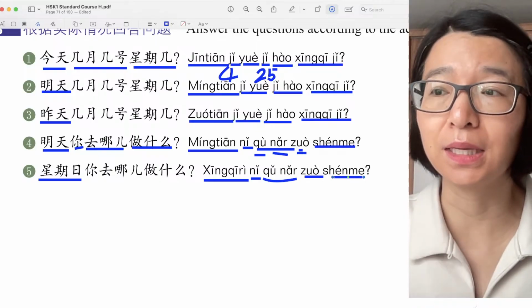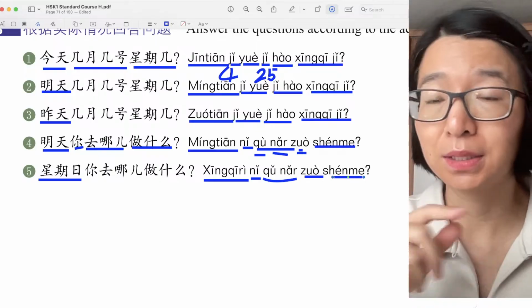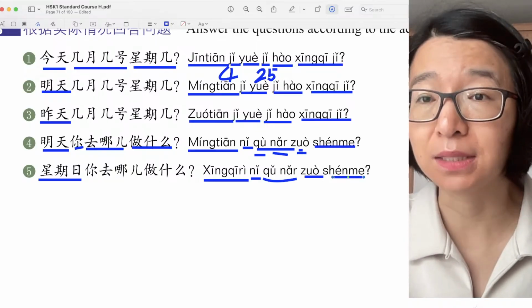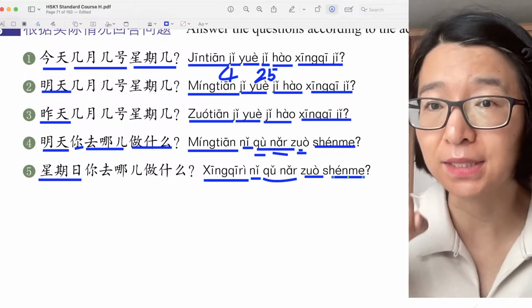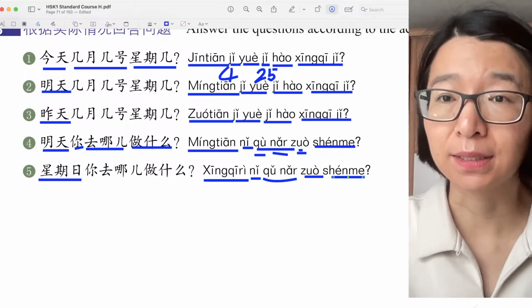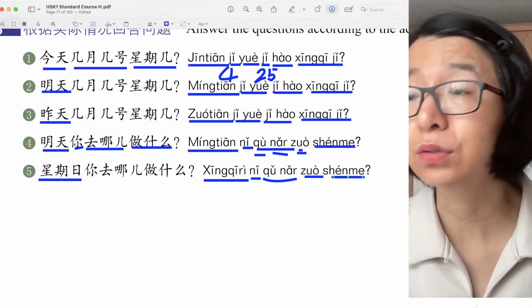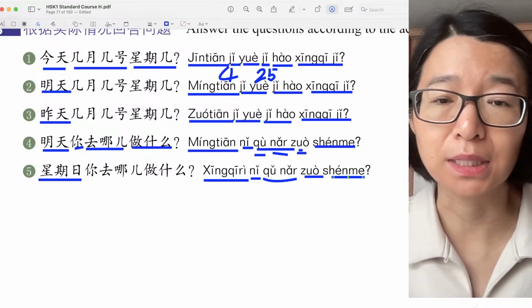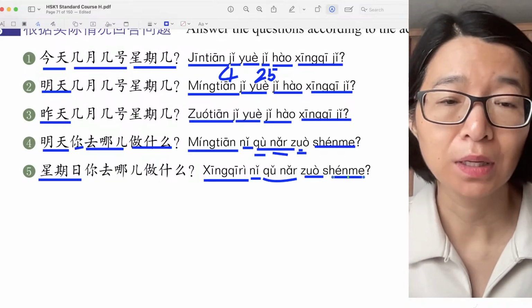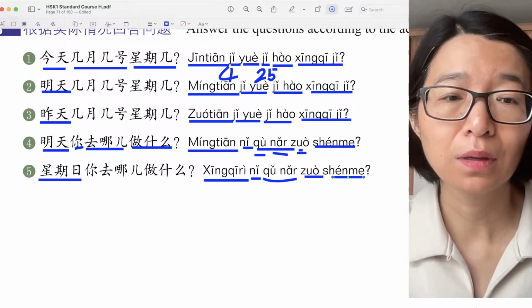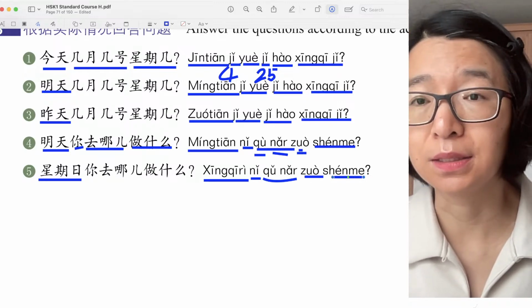But when we write, in a formal situation like a letter or an essay, it's better to say 星期日. When you talk to another person, you just say 星期天.